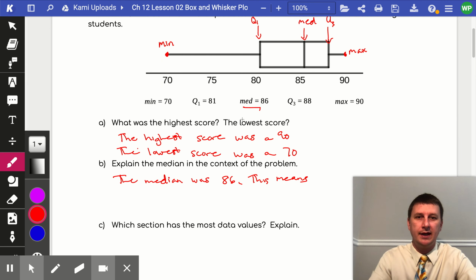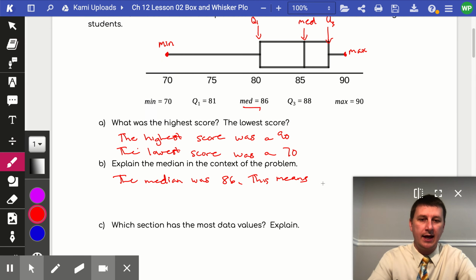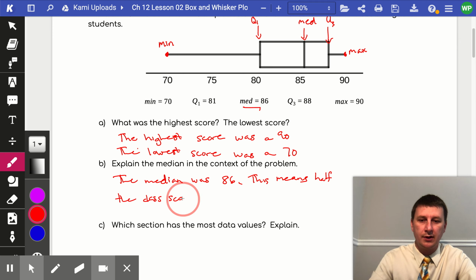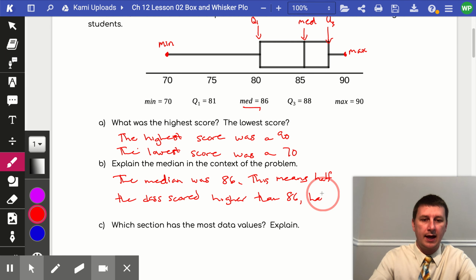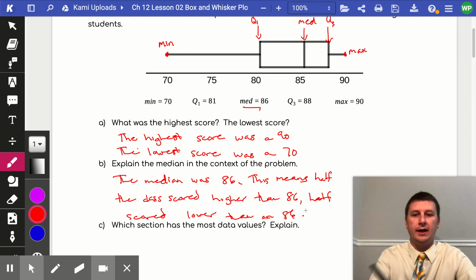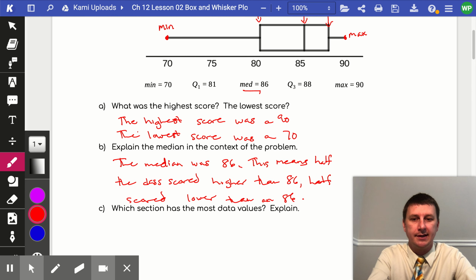A median cuts your data set in half, which means that half the class scored higher than an 86 and half scored lower than an 86. Okay, so again, the median was 86, and this means that half the class scored higher than an 86 and half the class scored lower than an 86.